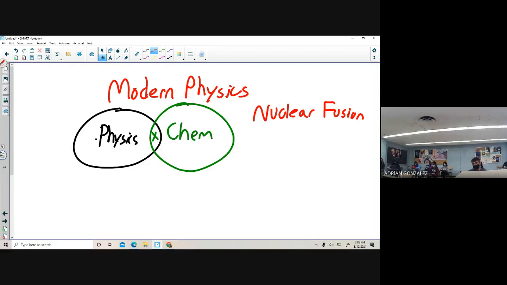So you take two lighter elements and fuse them together to make a heavier element. At least two. Sometimes you can do a couple more.